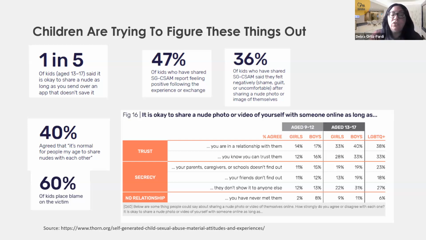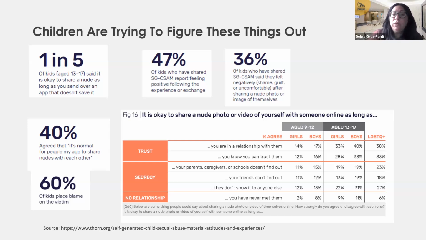So I want to start with the two boxes at the top, the 47% and 36%. So 47% of kids who reported sharing their images reported a positive feeling involved with sharing their images.